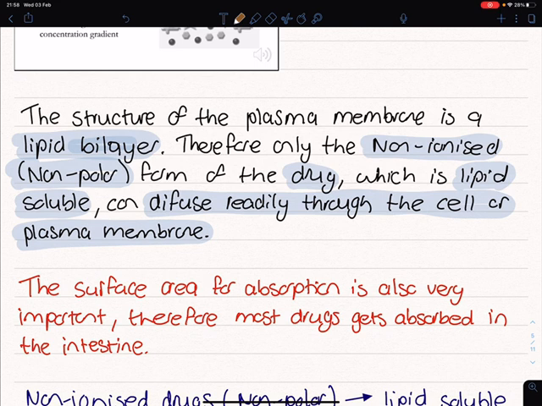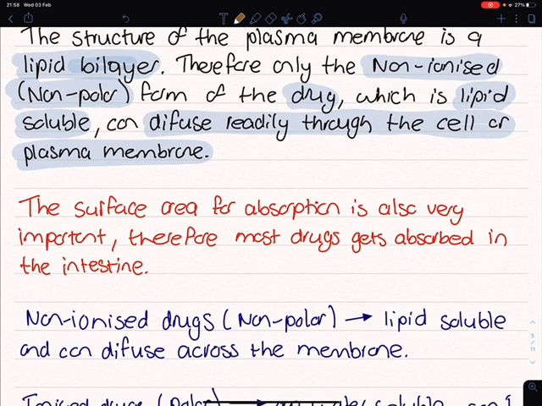And therefore, lipid soluble drugs are non-ionized drugs or non-polar drugs or non-charged drugs. So all synonyms. You need to administer non-ionized or non-polar drugs so that the drug can diffuse through the lipid bilayer and through the plasma membrane and the cell membrane.